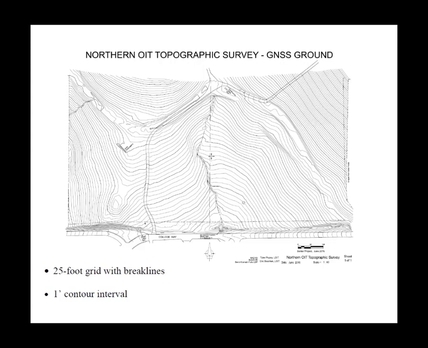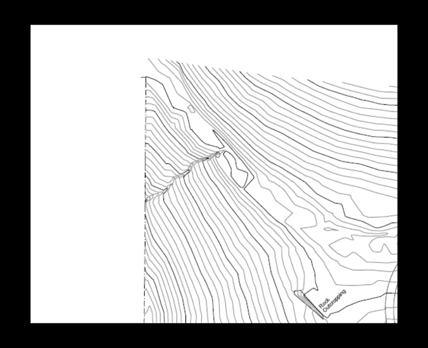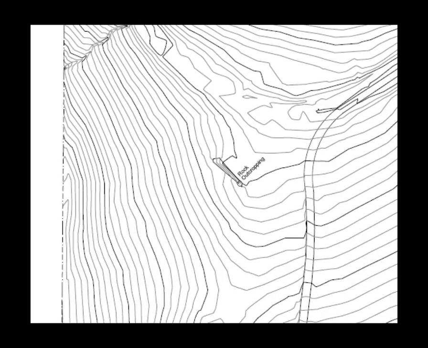So here is the topographic contour map, 1 foot contour interval, that the students produced from the GNSS RTK. Zooming in, here's that gully. The students captured points in the gully, and I'm not sure if they put a break line per se or not, but it was captured correctly. Here's the rock outcrop.